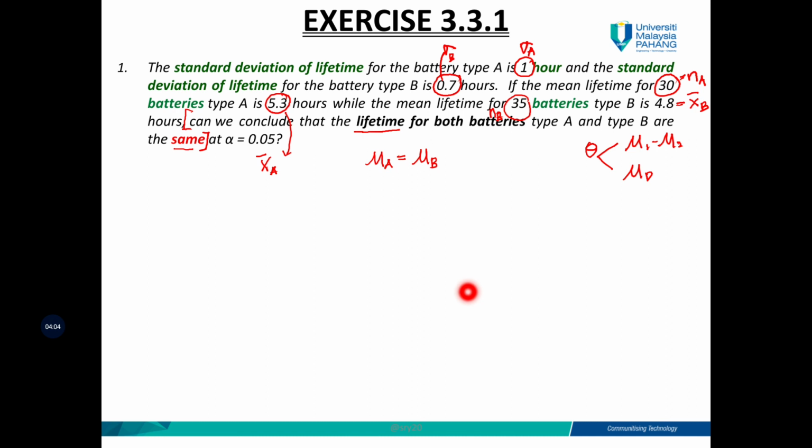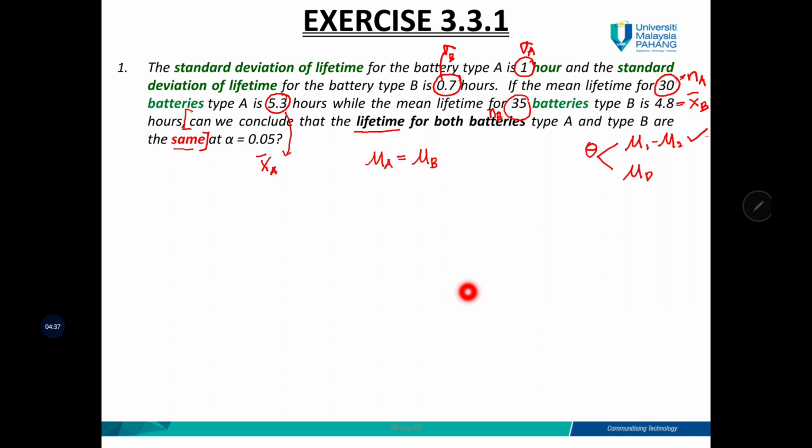This is the information given. Now we can see that the data for type A and type B are independent. Battery type A and type B have no relationship between them, so this is under an independent sample. So the theta used here should be mu1 minus mu2.